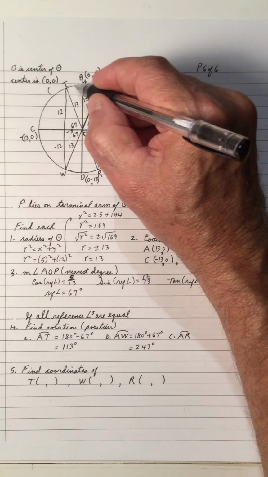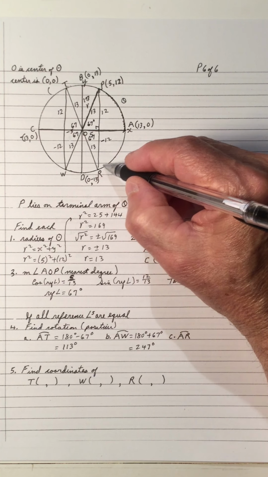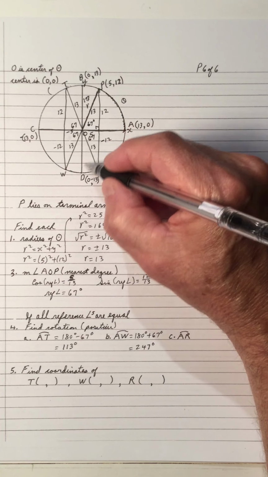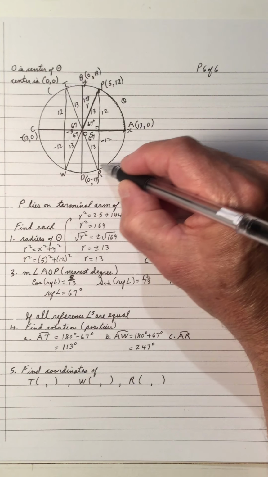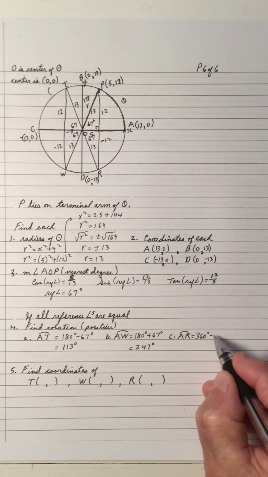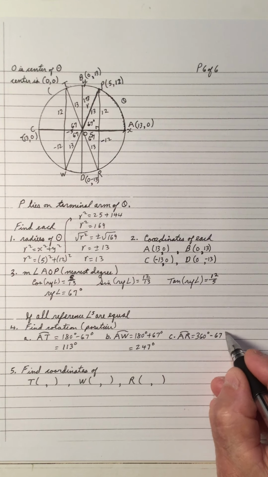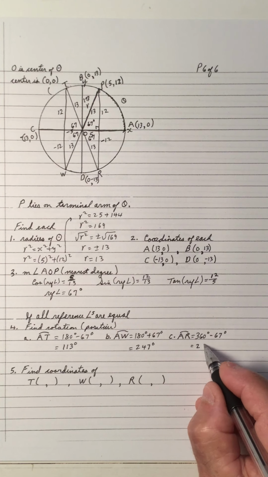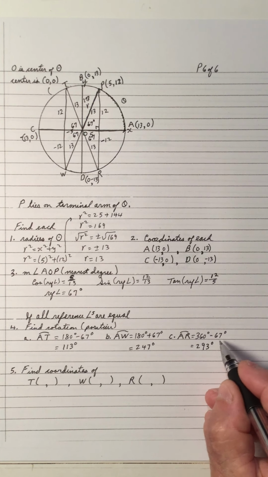And AR is all the way around to here. Because we have a reference angle, we can go to 360 and come back. So it's 360 degrees, subtract 67, and that leaves 293.